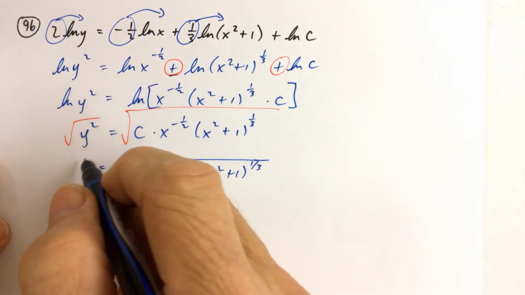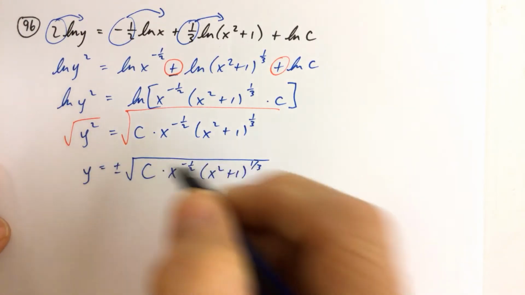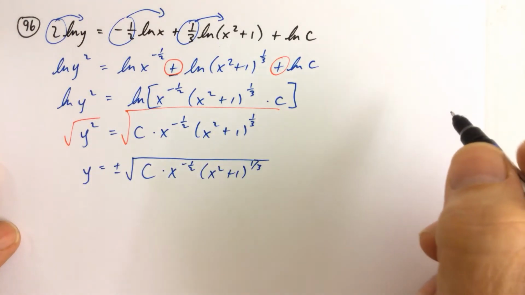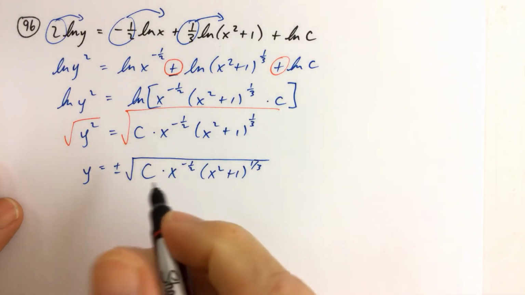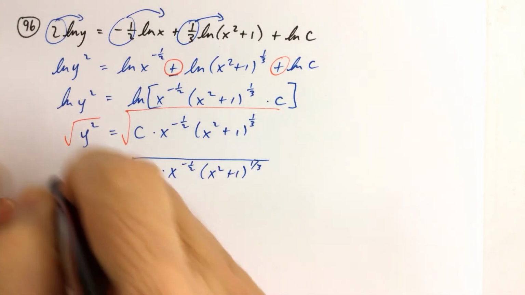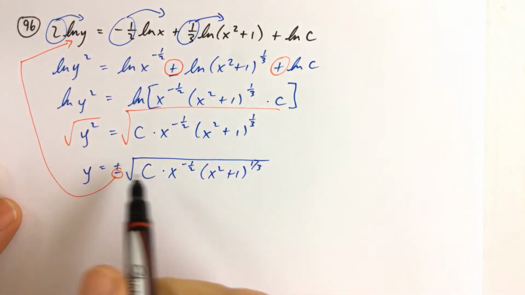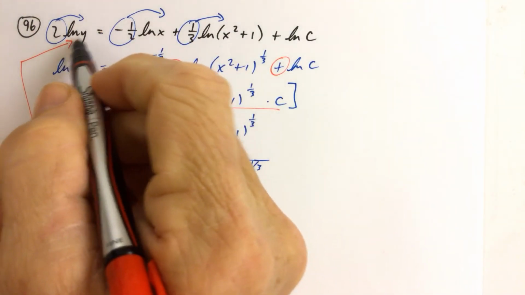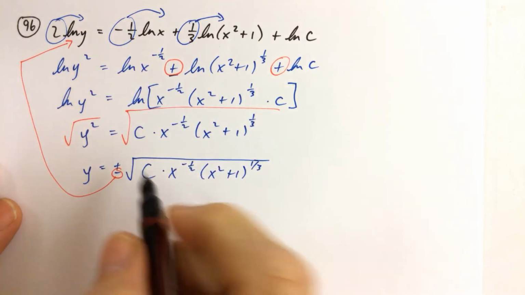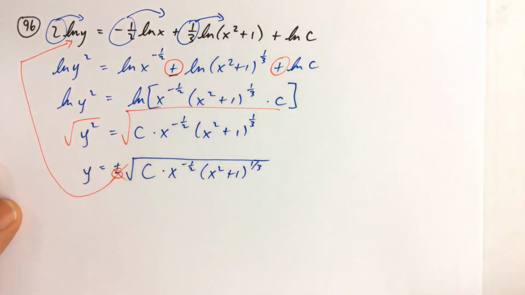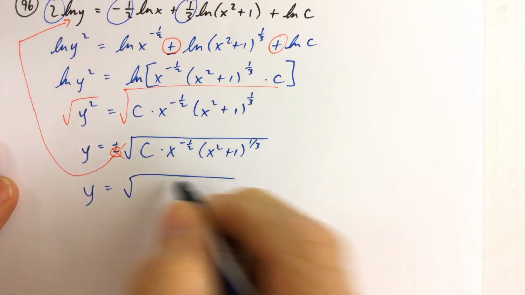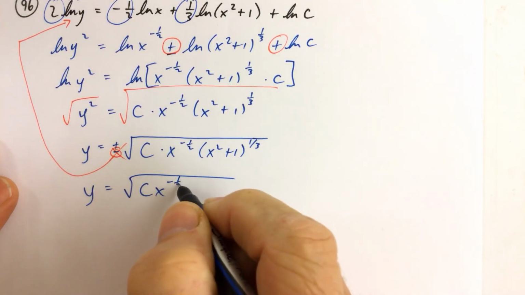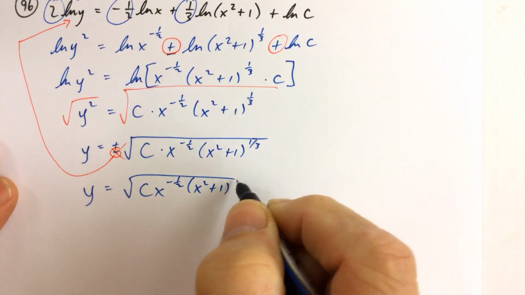Normally the square root of y squared gives you y equals plus or minus, and I'm doubting here, could y ever be negative? No, that's why I was doubting, because I look back to the original equation, that negative symbol there means that this whole thing would be negative, and you're not allowed to take the ln of a negative number. So we would have to throw that out, and we would just get the positive square root of c times x to the negative 1/2 times x squared plus 1 to the 1/3.